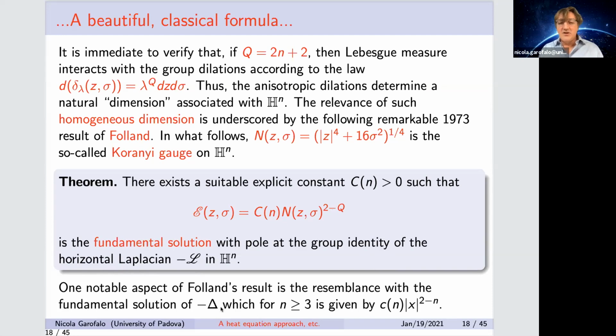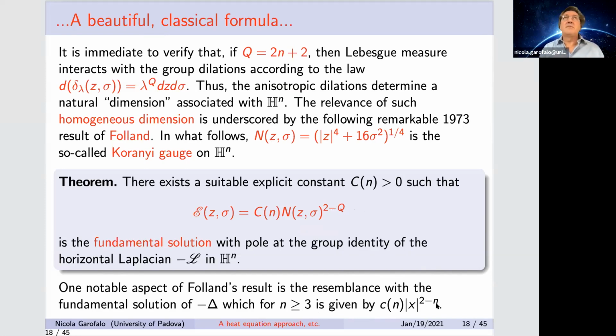Because if we go back to the fundamental solution of the standard Laplacian, at least in dimension bigger than or equal to 3, you see that this is completely analogous if we let q play the role of the dimension n. And so this result by Folland is not just a mathematical curiosity.